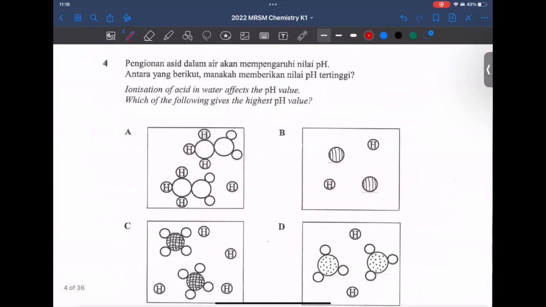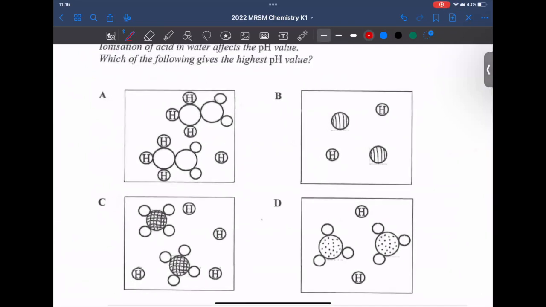Number 4, ionization of acid in water affects the pH value. Which of the following gives the highest pH value? This picture is very fascinating because you can see that some of the hydrogen is attached to the molecule and some is not. Some of those substances have more free hydrogen compared to others.